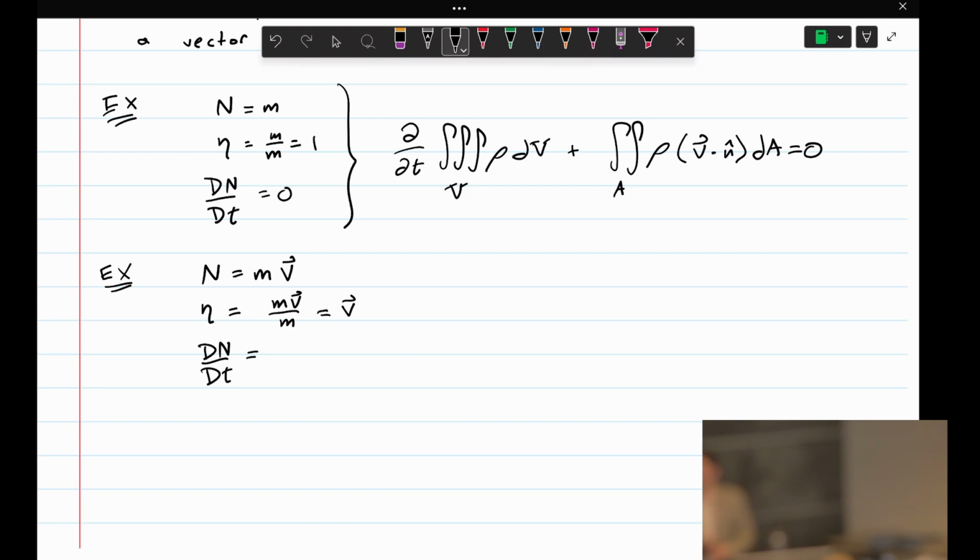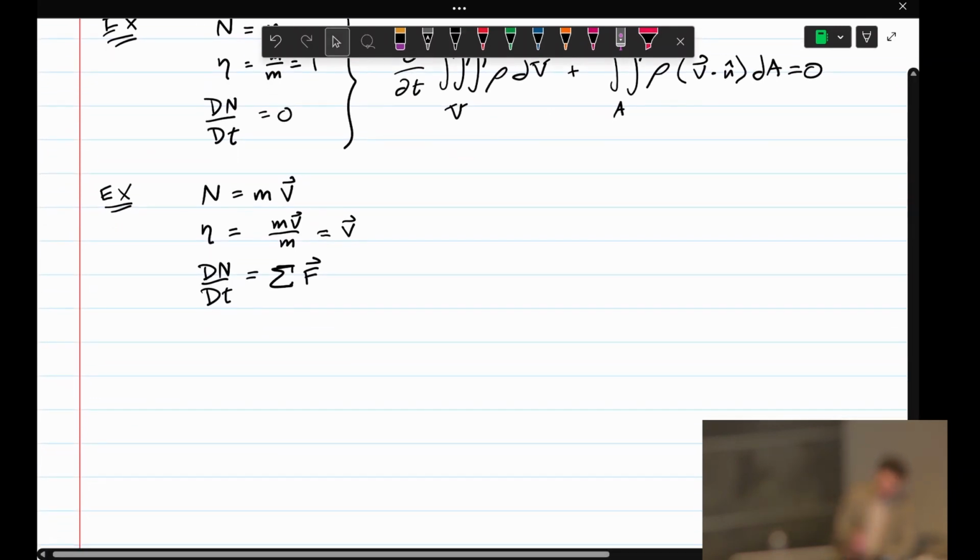It's not 0. An impulse, right? It's just the sum of forces on the control mass. So d(mv)/dt equals the summation of forces, which is just Newton's second law for our control mass. It says that the time rate of change of momentum is equal to the sum of forces, aka ma.